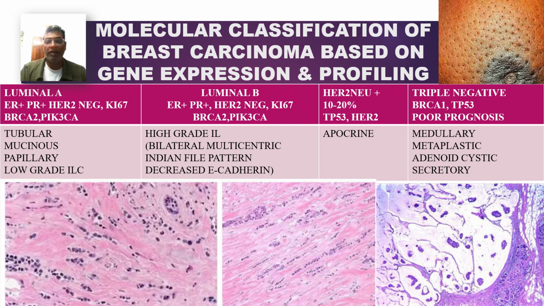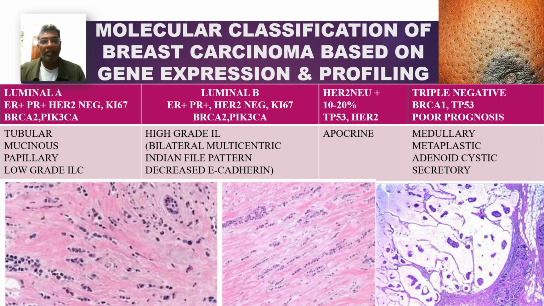Luminal type is further subdivided into luminal A and luminal B. Coming to luminal A, it is ER positive, PR positive, that is estrogen receptor positive, progesterone receptor positive, and HER2 negative, Ki67 positive or negative. Here the involvement is BRCA2 mutations and PIK3CA mutations. This will cause the breast carcinomas.